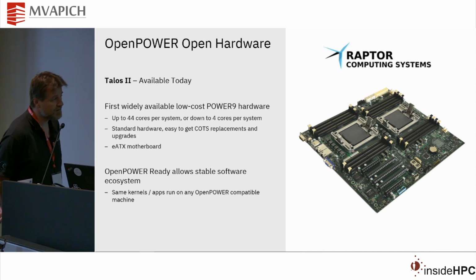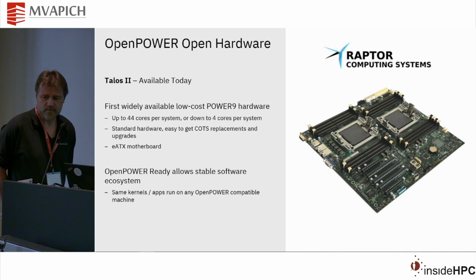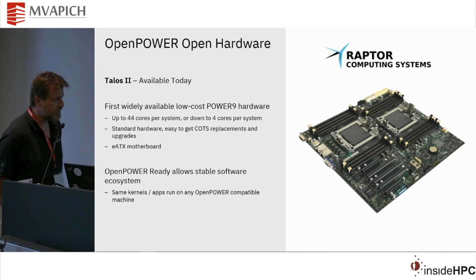So it's very easy for universities or students or at home to play with OpenPOWER capable systems, and you will get the same power system that you have in a Summit. So it's very good to know that you can scale and prepare things under your table, being in an OpenPOWER environment.